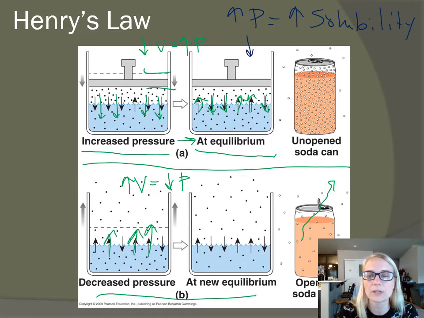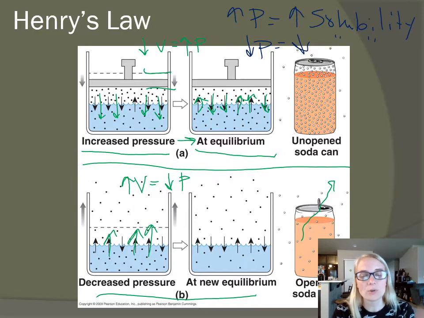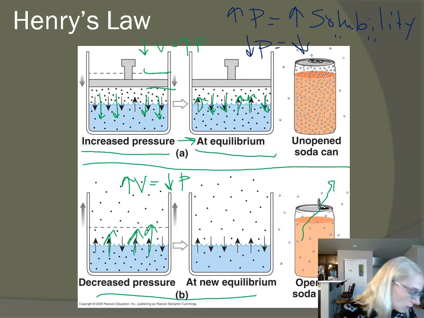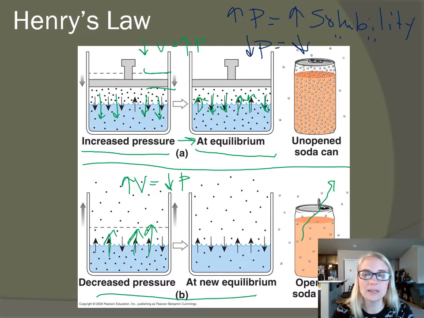If we decrease pressure, that will decrease the solubility, right? So what we're seeing in this example is the physical pressure of the volume changing, but this also applies to partial pressures. So if we were to increase the partial pressure, or say the concentration of a gas, that would increase the solubility.